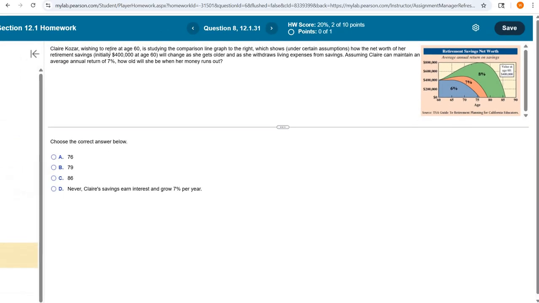So let's read this. Claire wishes to retire at age 60 and is studying the line graph to the right, which shows, under certain assumptions, how the net worth of her retirement savings, initially 400,000 like we saw, at age 60 like we saw, will change as she gets older and as she withdraws living expenses from savings. Assume Claire can maintain an average annual return of 7%. How old will she be when her money runs out? Okay, well 7% is this middle one, right?